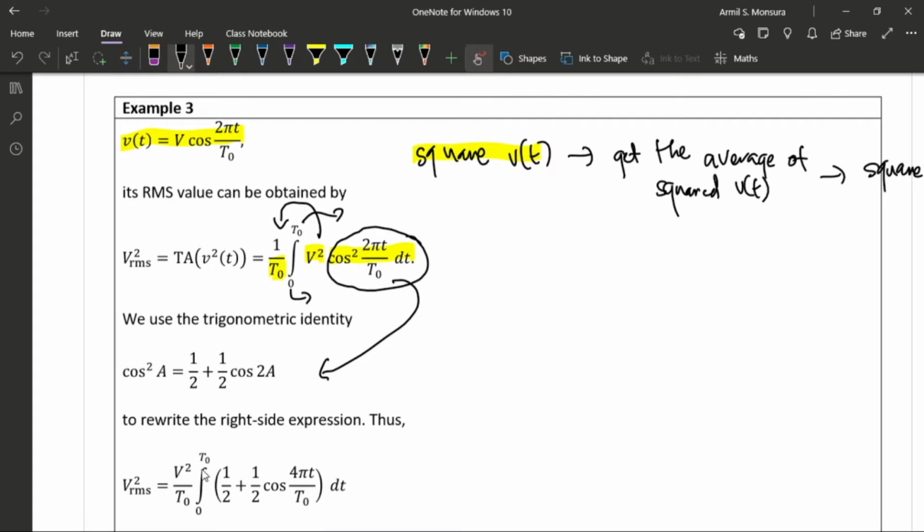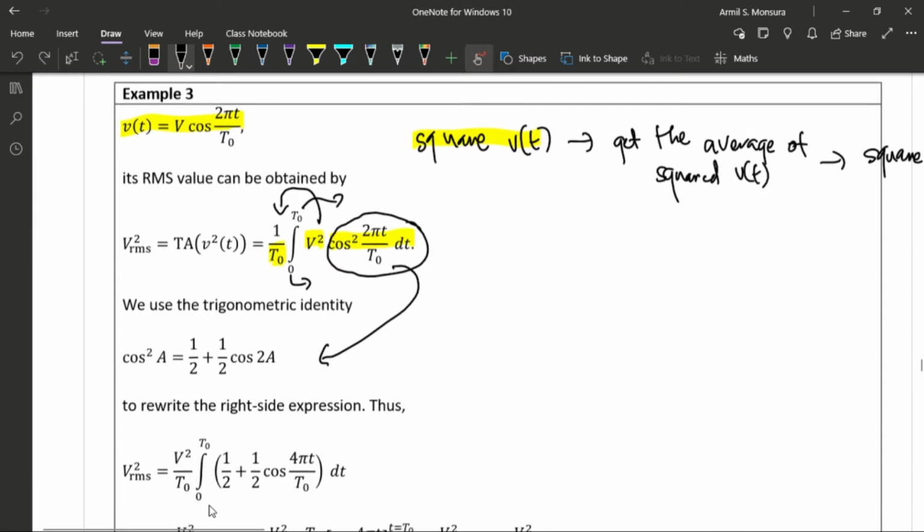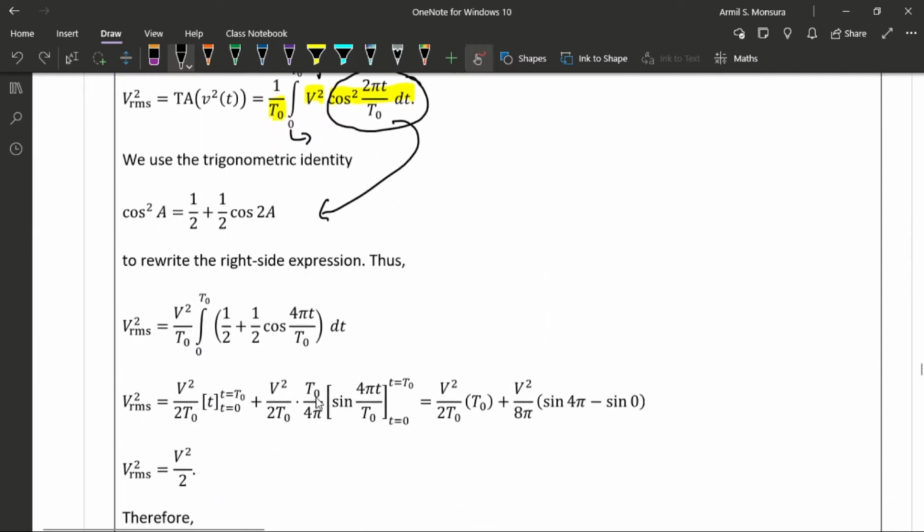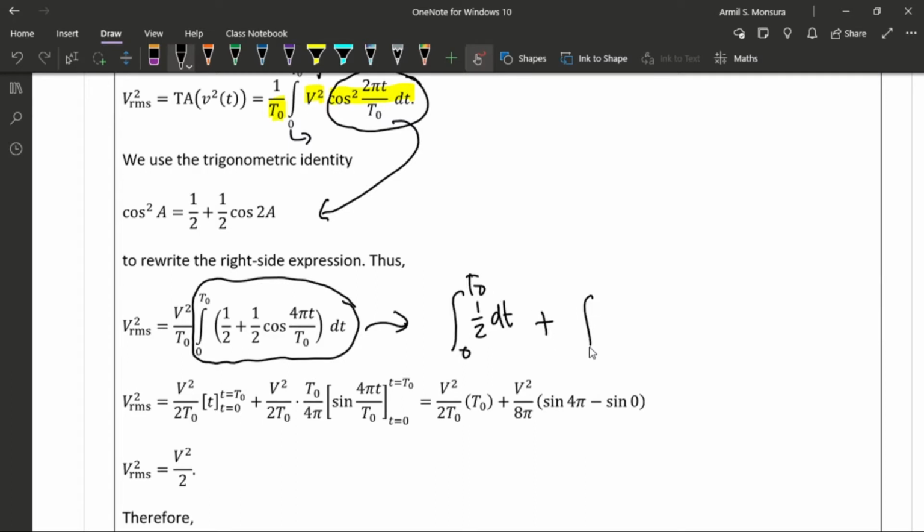We already took out V square over t0. Now this integral can be divided into two components: the integral of 1/2 dt from 0 to t0, plus the integral of 1/2 cosine of 4 pi t over t0 dt from 0 to t0.